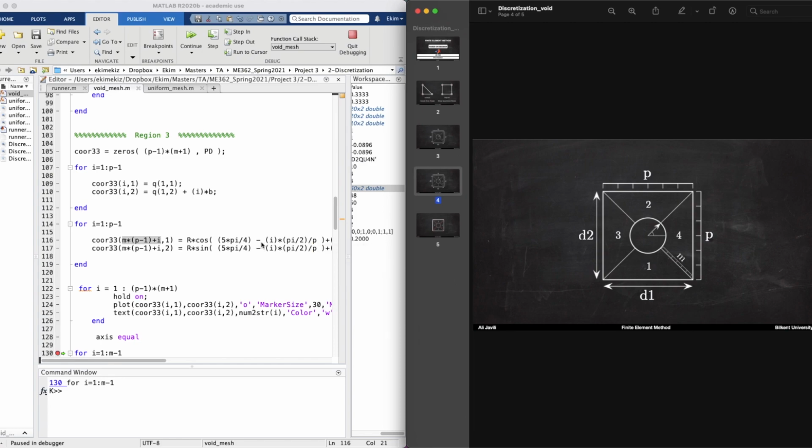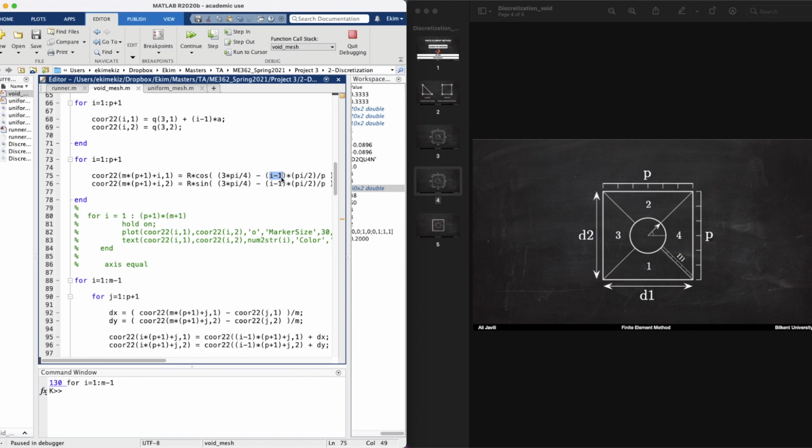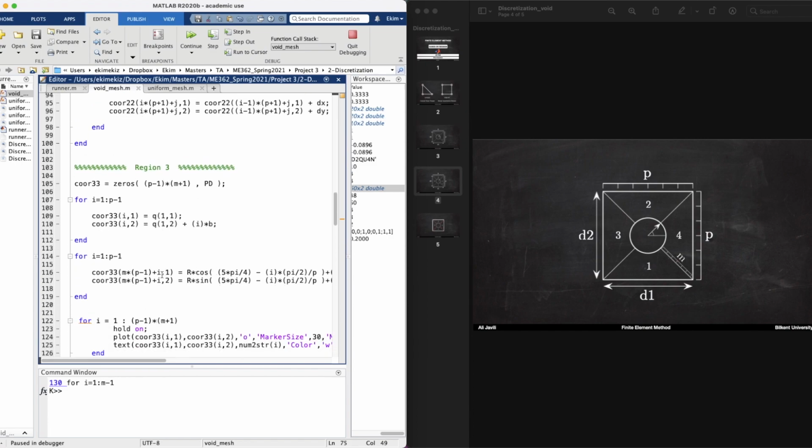So why is it minus? Because we are moving along this direction. And why is it i? It used to be i minus 1. It's the same reason this is also i and not i minus 1, because we are not looking at the coordinate of the node on the diagonal, we are looking at the next one. Okay?